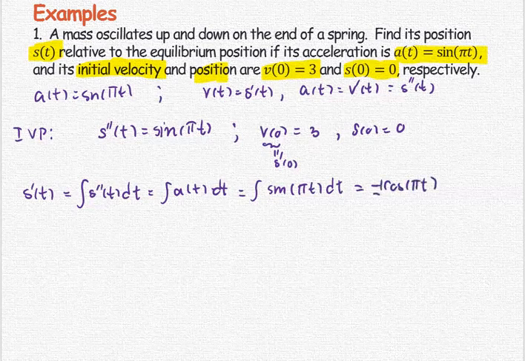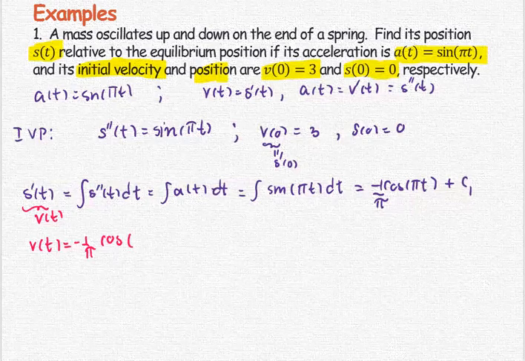So we write it as negative 1 over pi multiplied by cosine of pi t plus c1, a constant of integration. We are going to use the condition to find the value c1. Since this is v(t), right now v(t) is of the form negative 1 over pi multiplied by the cosine of pi t plus c1.